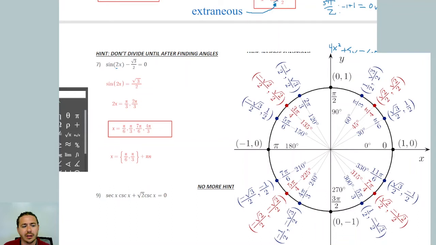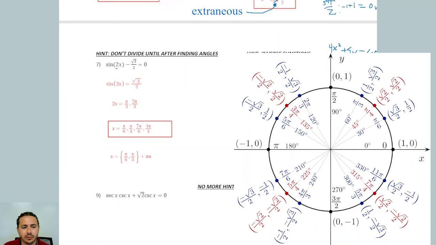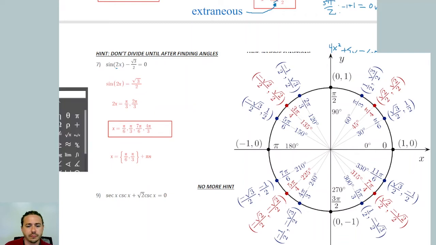So now that we know the factors, we've got 4 tangent of theta minus 3 is going to be one factor, and then the next factor will be tangent theta plus 2.